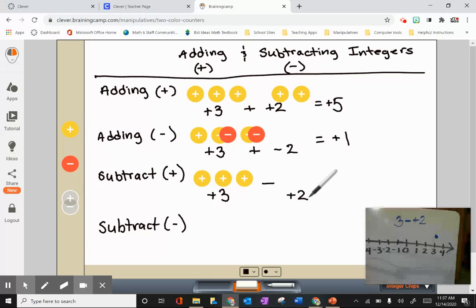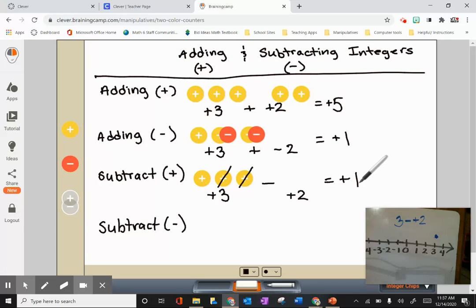So to take away 2 of these positives, I just cross them out. I took away 2. I had 3. I took away 2 of them. I'm left with positive 1.